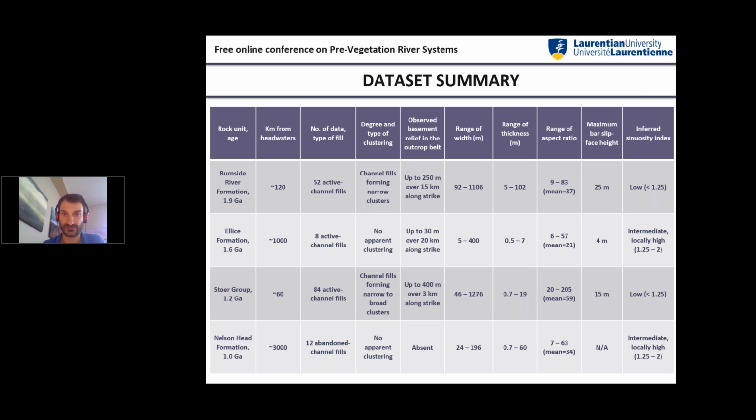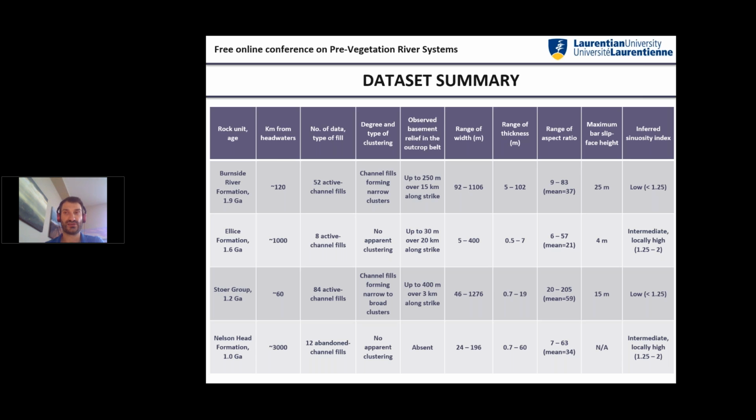And we have a relatively high distribution of sizes, pointing to a significant geomorphic variability, although with relatively low inferred sinuosity in all of the examples that we considered.